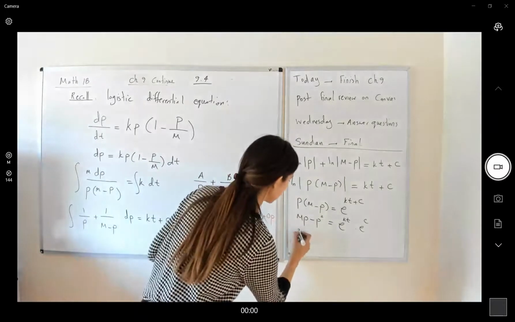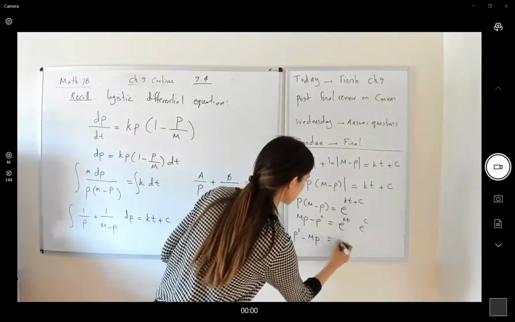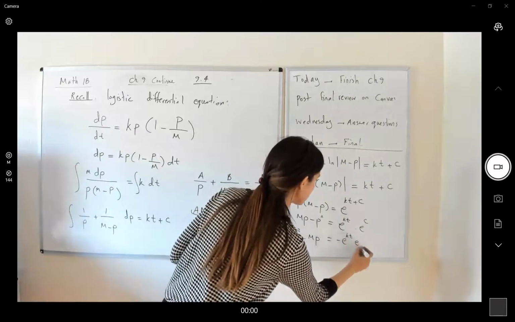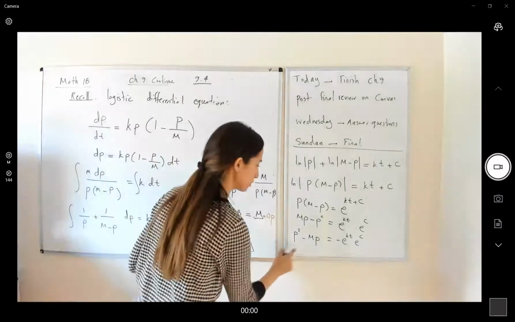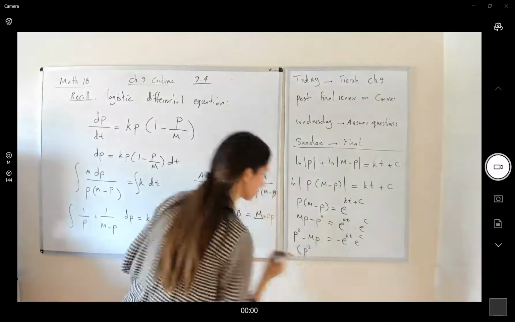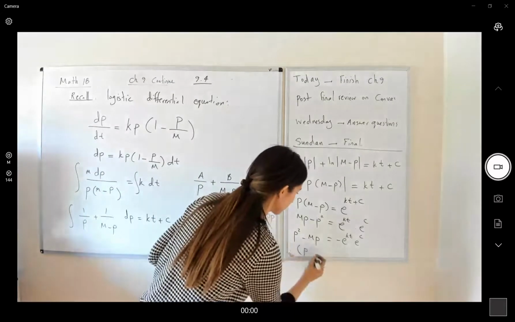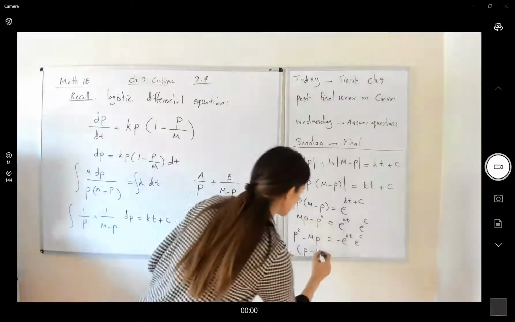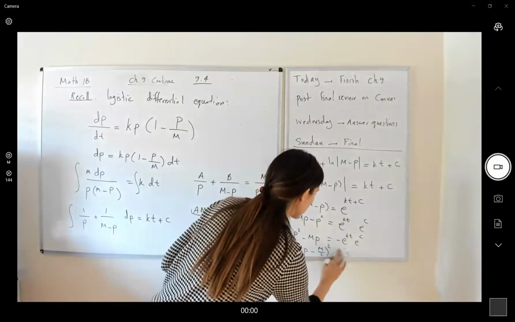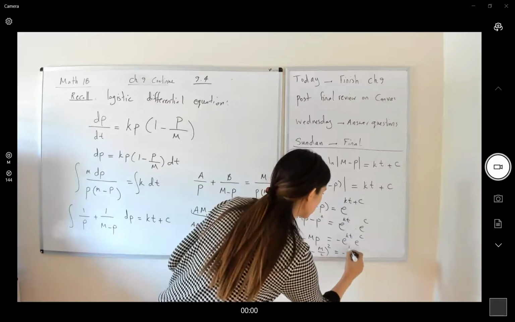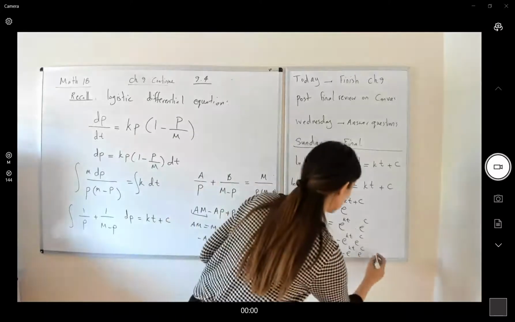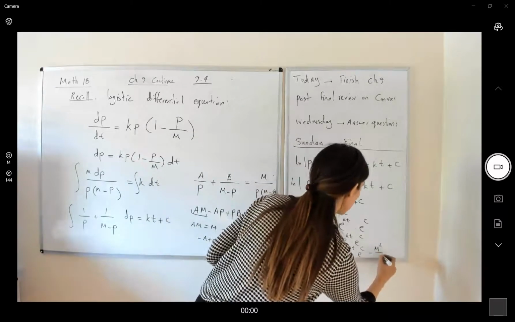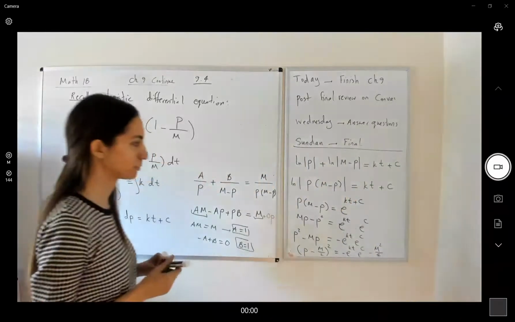I get P squared minus MP equals minus e to the kt e to the C. Now, if you complete the square, you get P minus M over 2 squared equals negative e to the kt times e to the C minus M squared over 4.